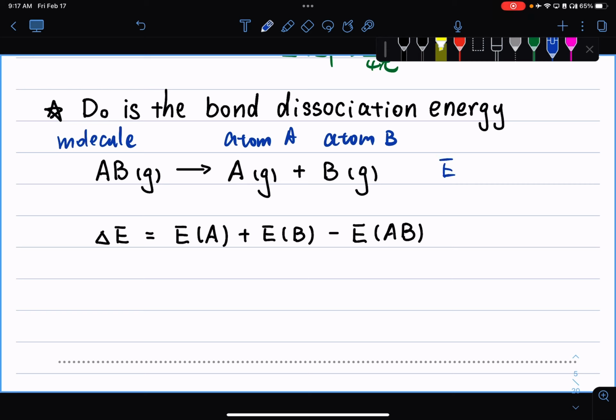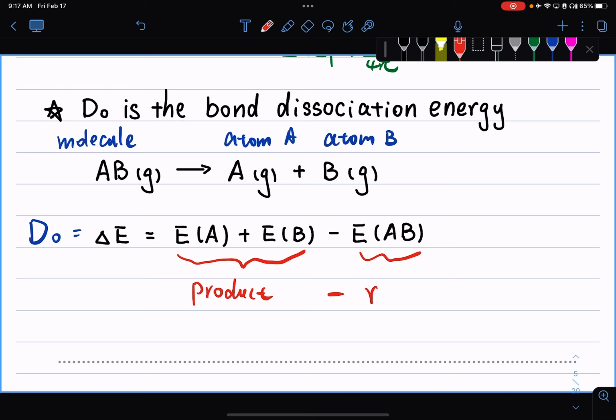My D naught equals the relative energy here, which is equal to the energy of the product minus the energy of the reactant. So in any chemical reaction, whenever we're talking about the reaction energy, the energy of this transformation, we're always talking about the relative energy between the product and the reactant. So this is the bond dissociation energy.